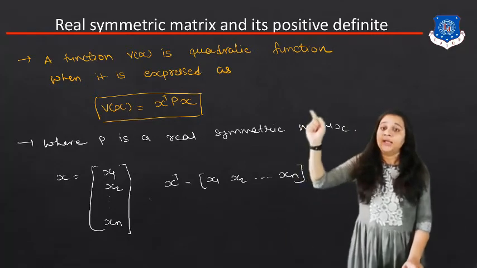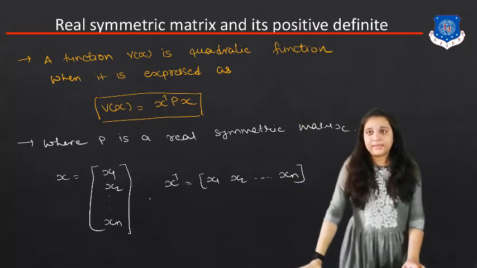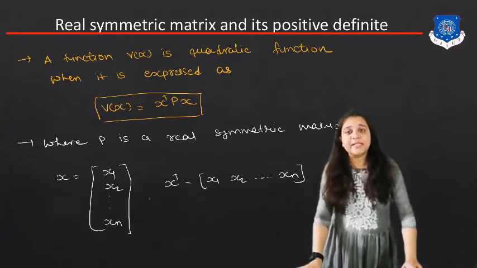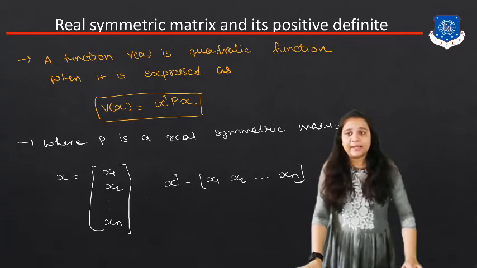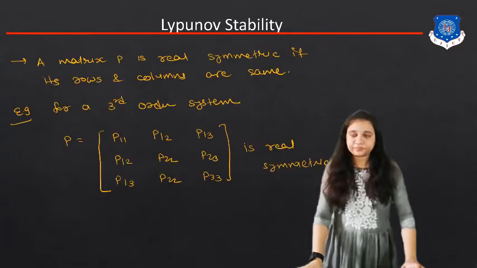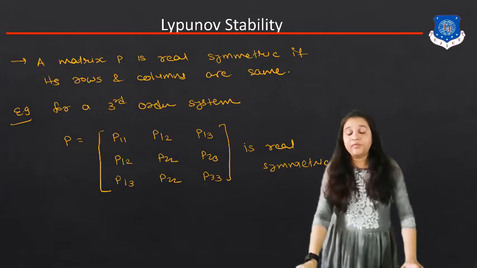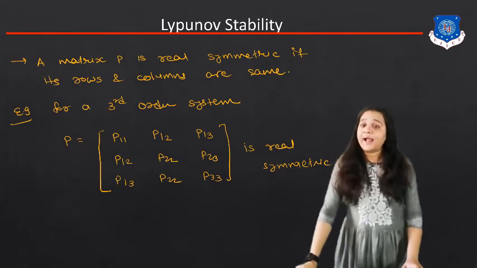So this is the equation to find out whether a given matrix is positive definite or negative definite. Okay. A matrix P is real symmetric if its rows and columns are the same.